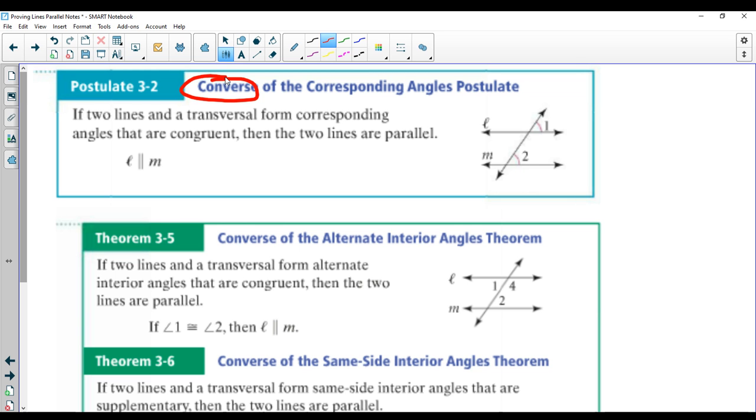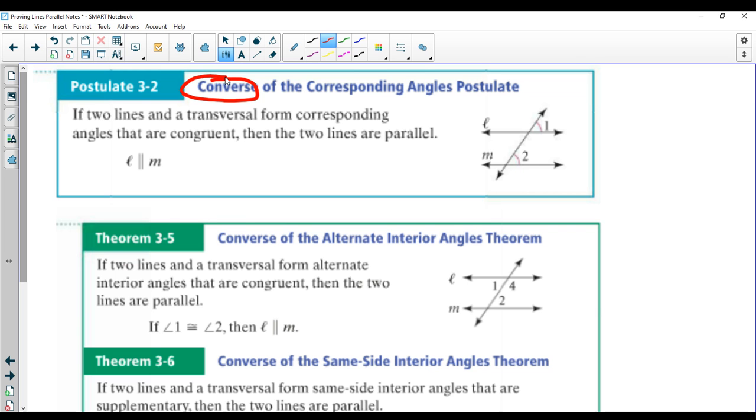Okay? So, let me show you what I'm talking about. This corresponding angles postulate. Monday, we said that if two lines are parallel, then the corresponding angles are congruent.